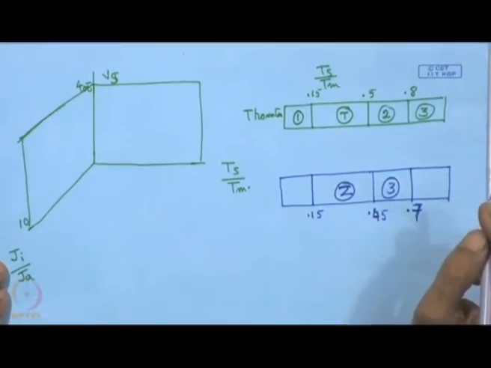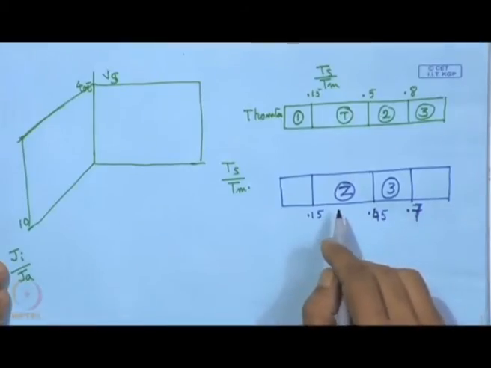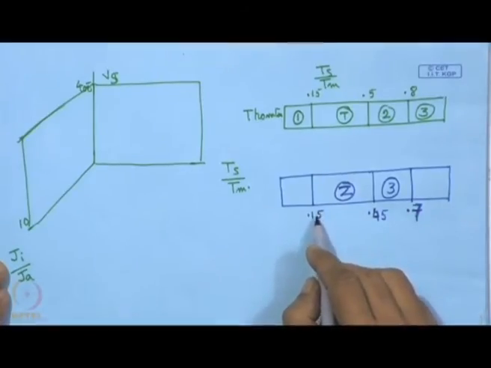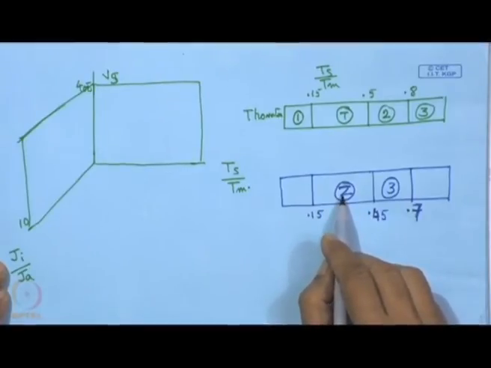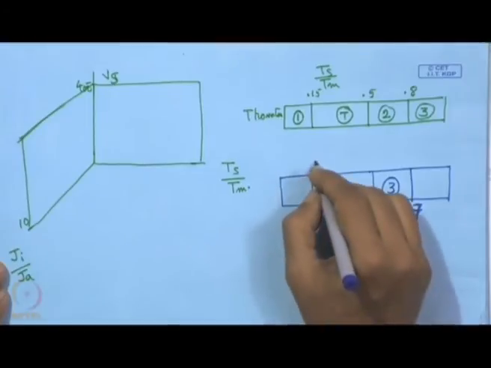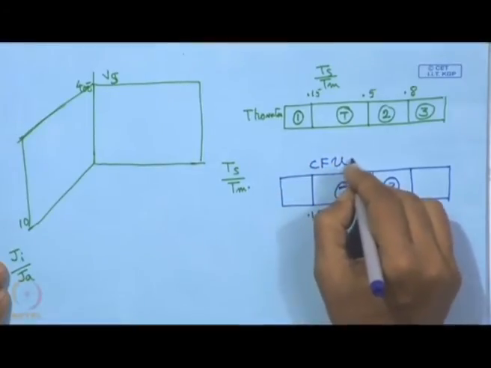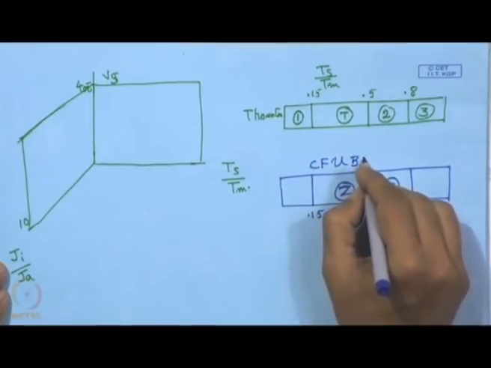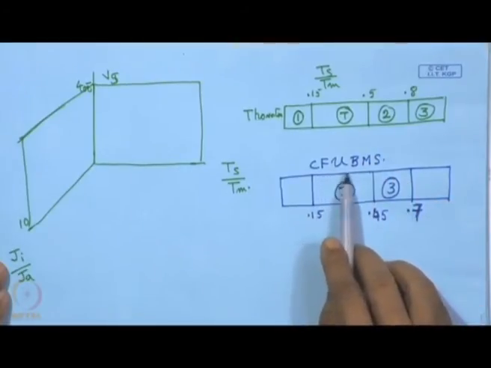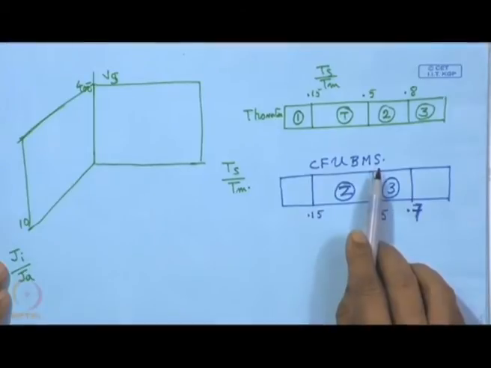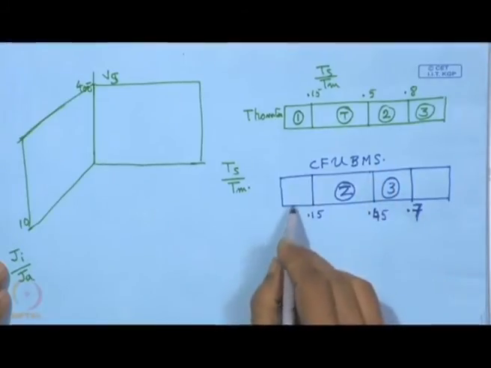So, with this low temperature within this range, we get a structure of zone 2, which is a dense broomstick structure, and this is possible by CFUBM. This is possible by this close field unbalanced magnetron sputtering.